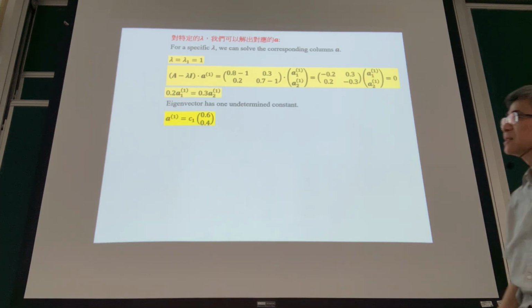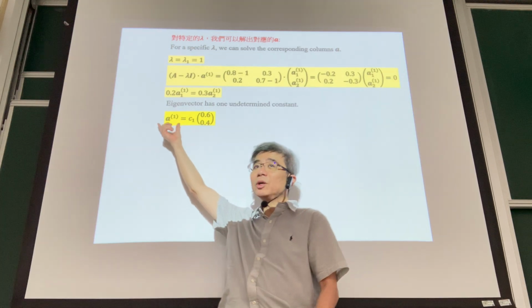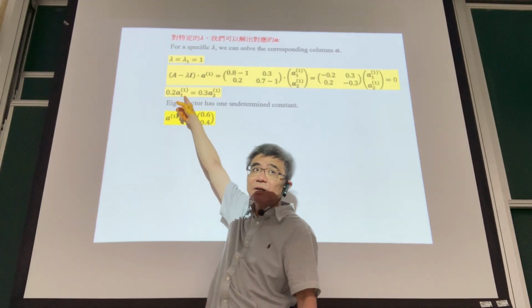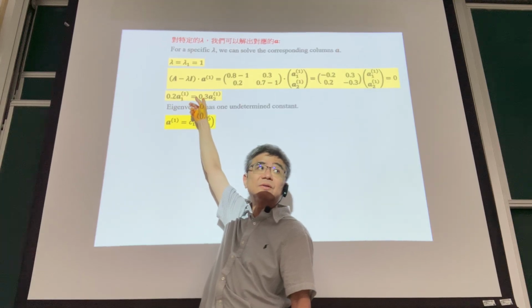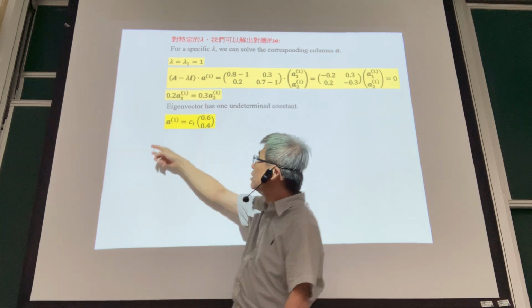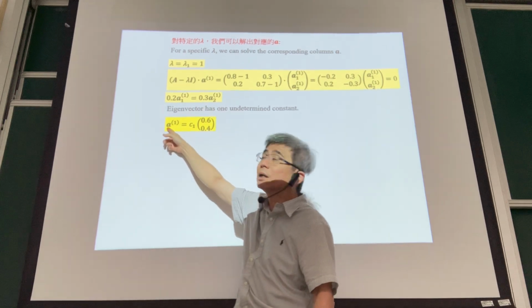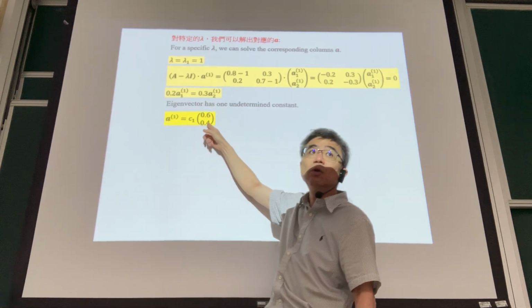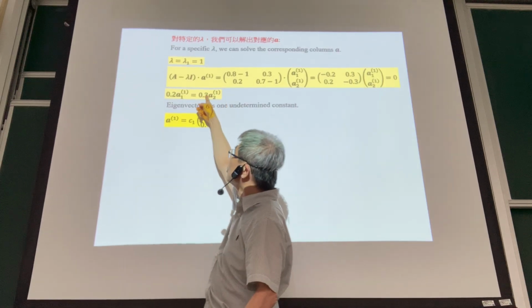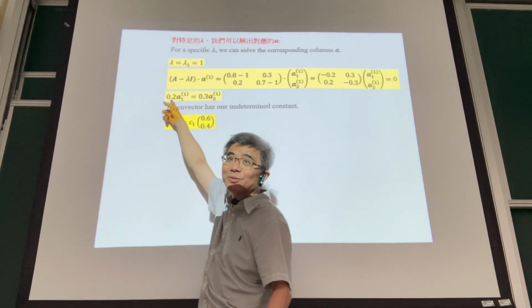So I can say that we have already defined the eigenvector. For the eigenvector, we only get the ratio of the two components, because it is an equation like this. So I will choose A to be 0.6, 0.4. Please observe that the ratio between them is just 0.3 over 0.2.